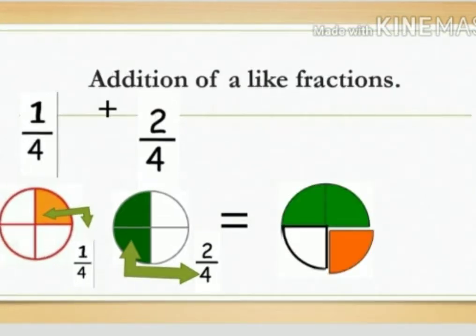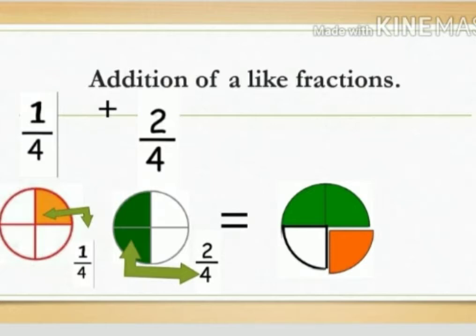And this 1 by 4, I'll represent here, and then we have to add 2 by 4. So to represent 2 by 4, I have to shade two parts. This is 2 by 4 in the green. We have 2 by 4 and in peach color I have 1 by 4, right?